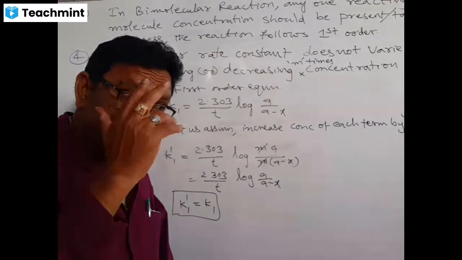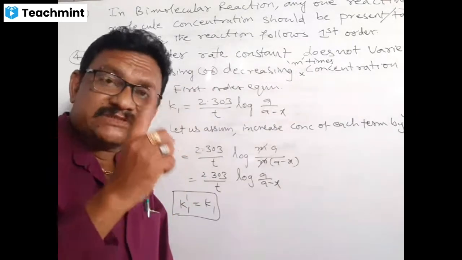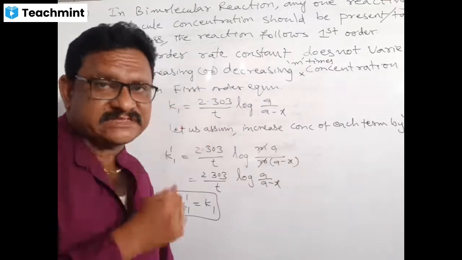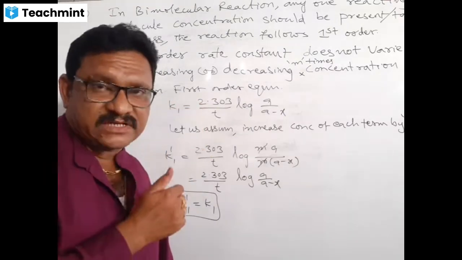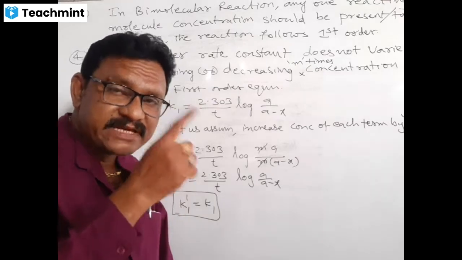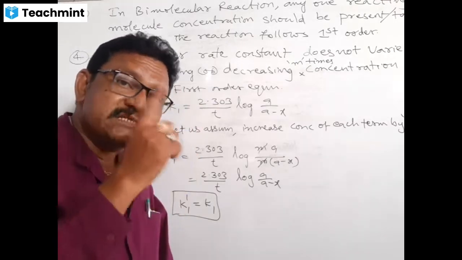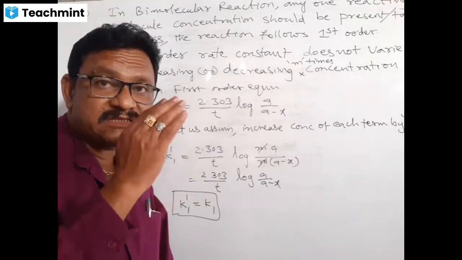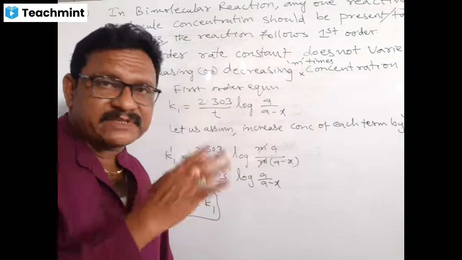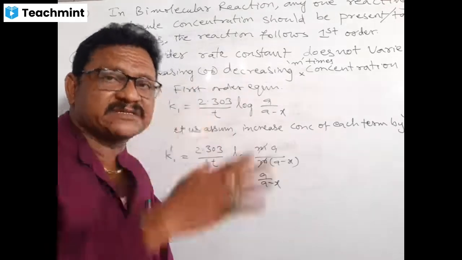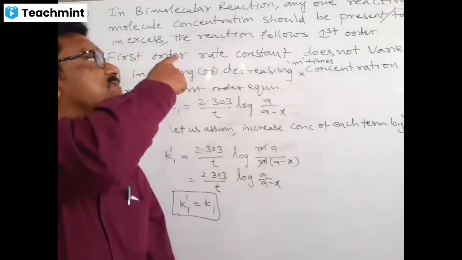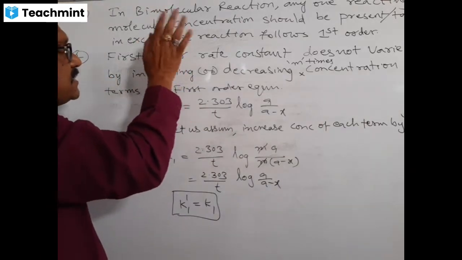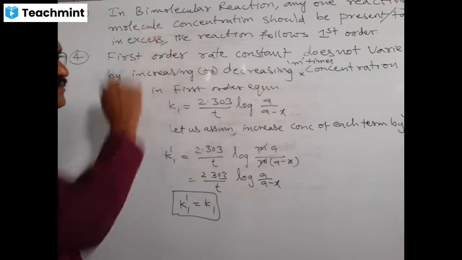But water should be taken in excess concentration with respect to ester concentration, and with respect to sucrose concentration. That's why the rate of reaction depends only on the ester molecule, not on water concentration. So water concentration being kept in excess, it is treated as a constant. So ester hydrolysis and sucrose hydrolysis are the examples for this statement.